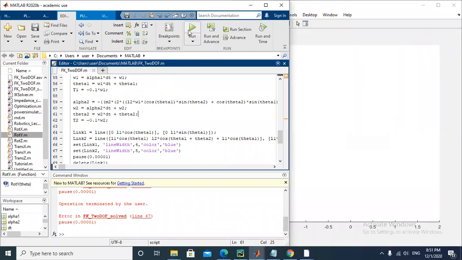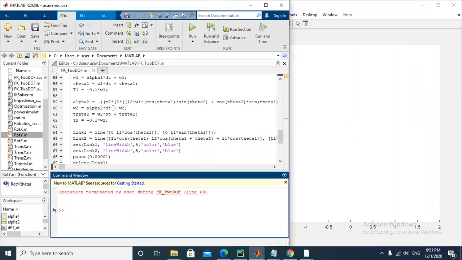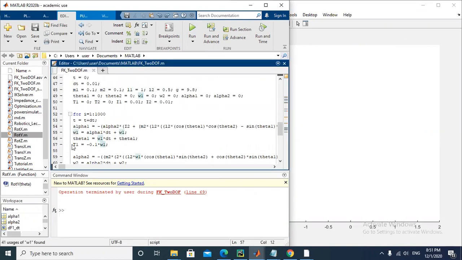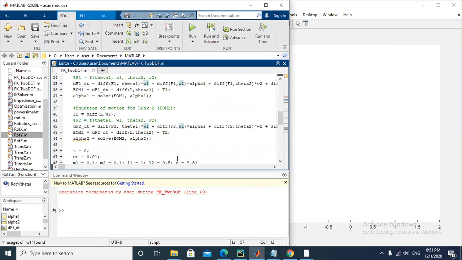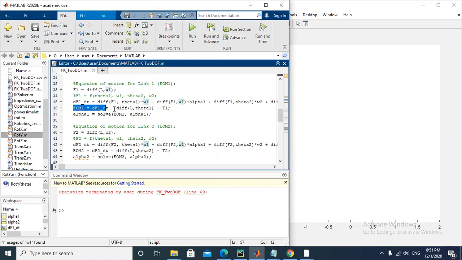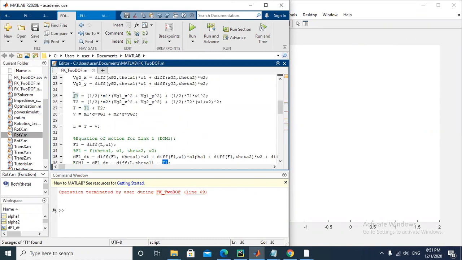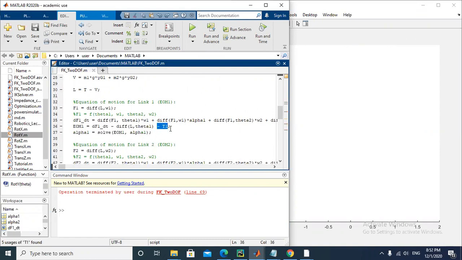Okay, so just quickly running that, and I think, okay, so it's going unstable, and it's not because of the damping. I think it's going because, okay, so here, basically, this guy should be the torque, right? Minus T1 as a torque. But we actually define the kinetic energies, right, as T1. So this is actually wrong here, right?